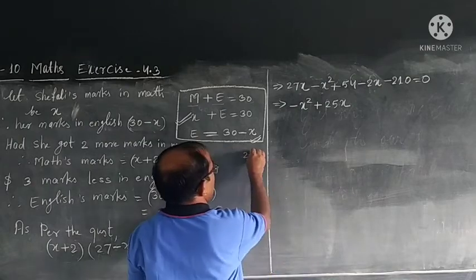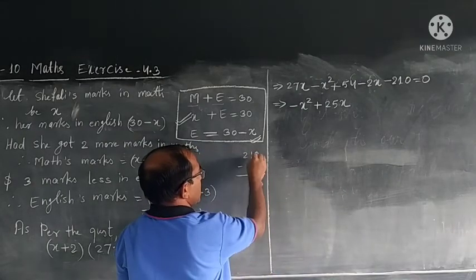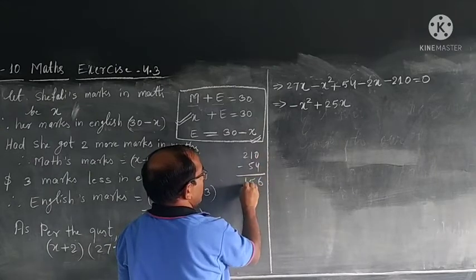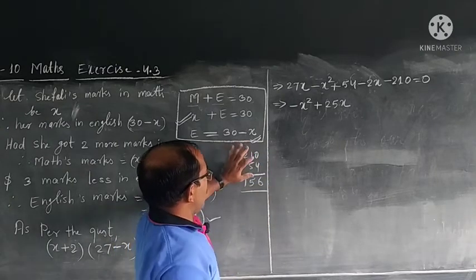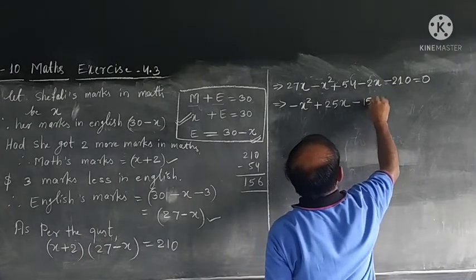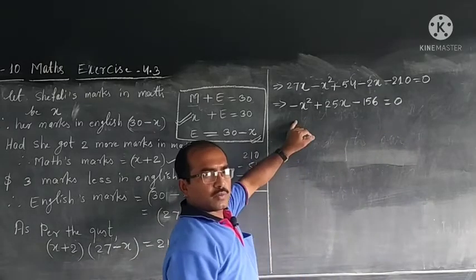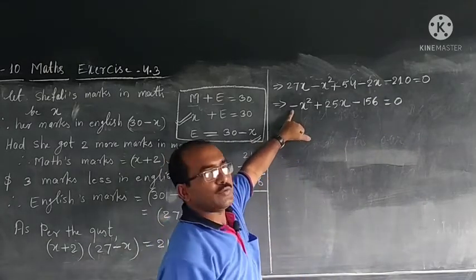So, subtract 210 minus 54, if you have any doubt doing it orally: 10 minus 4, 6; 1 minus 5, so borrowing, 156. Bigger number is negative, so minus 156 equal to 0. So, the quadratic equation form is coming here, only the first term is minus.